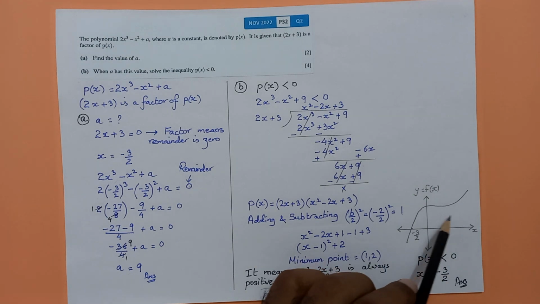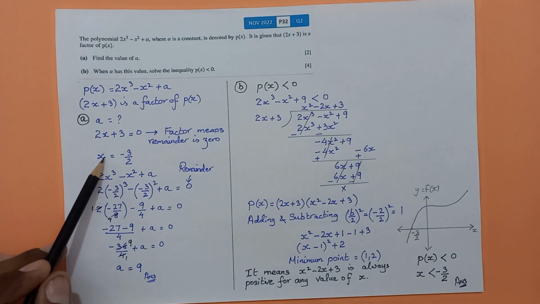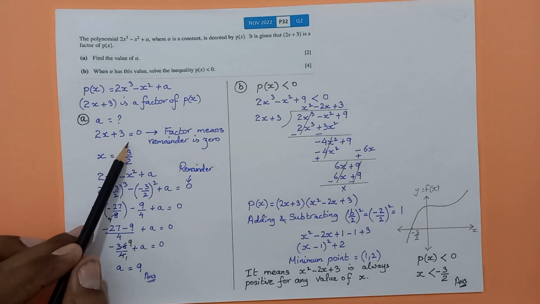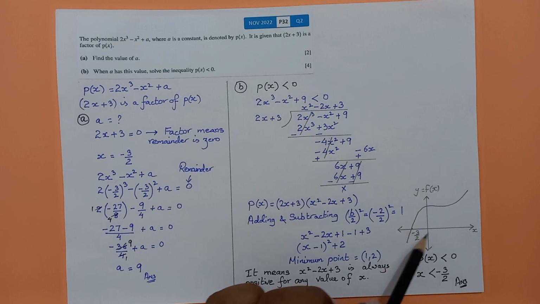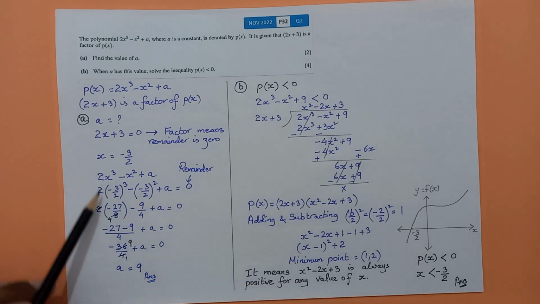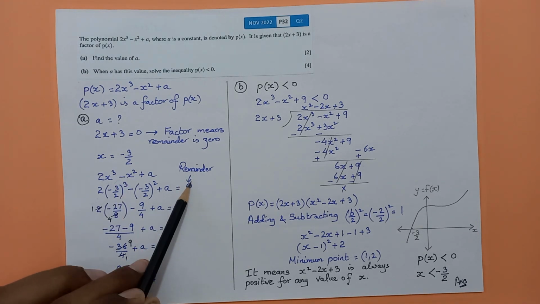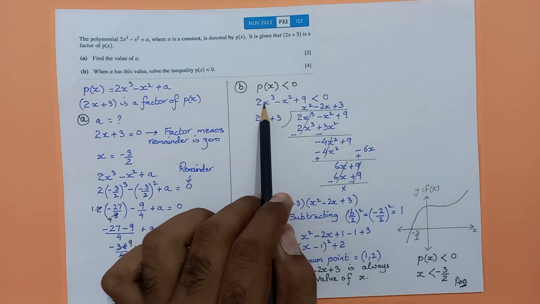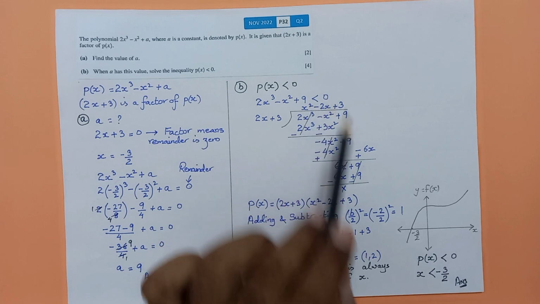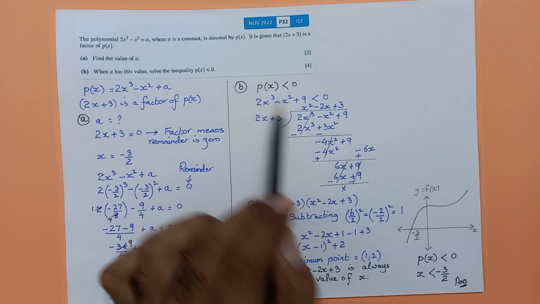That means this part of the curve would be above the x-axis, and because 2x plus 3 was a factor, this would just cross the x-axis at minus 3 upon 2, because x is equal to minus 3 upon 2 when the remainder is 0 means y is 0, and when y is 0, it is on the x-axis.